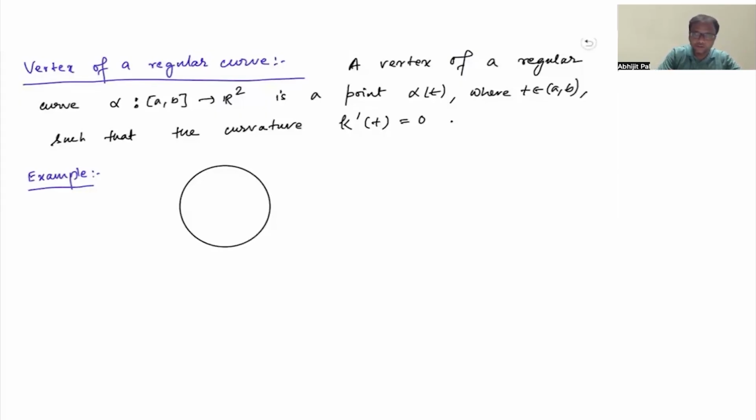Therefore, the derivative of the curvature is equal to 0.